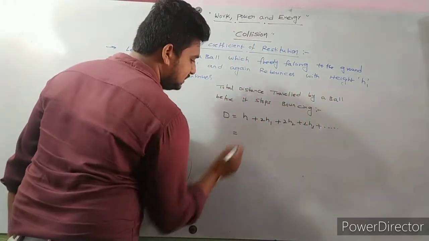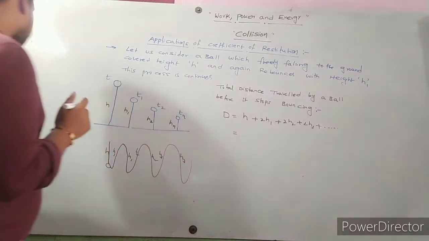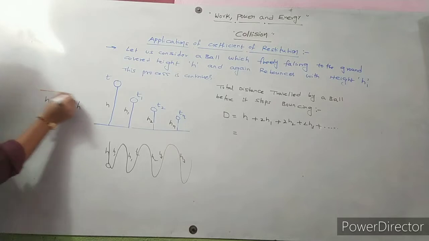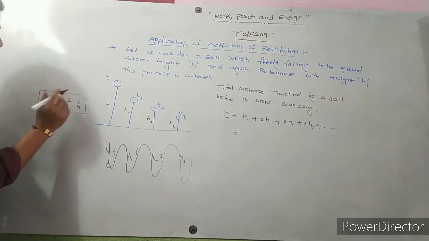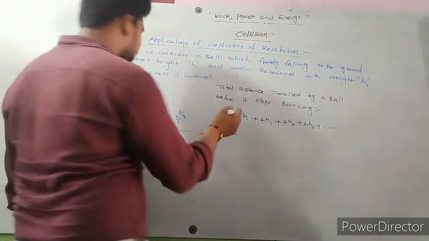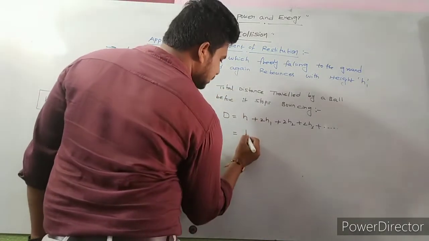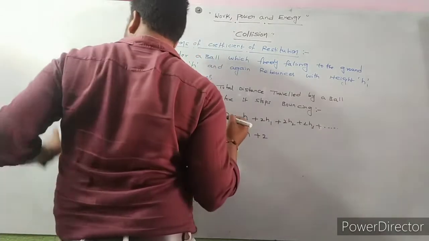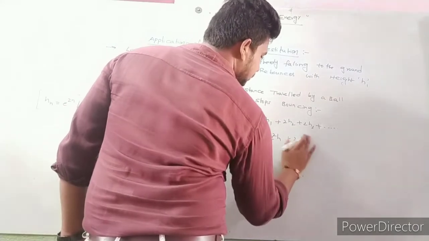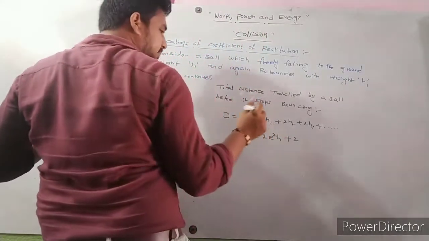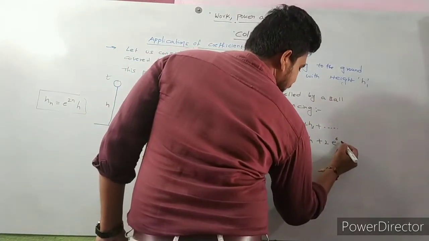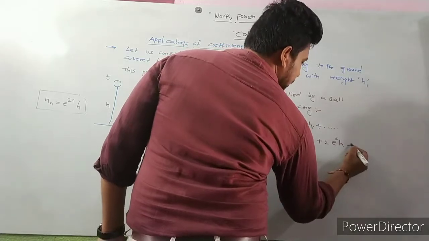For this, h you already know. We had a formula, hn is equal to e power 2n into h. So 2 into h1 means 2 e square into h, h2 means e power 4 into h, 2 into e power 6 into h, and so on.